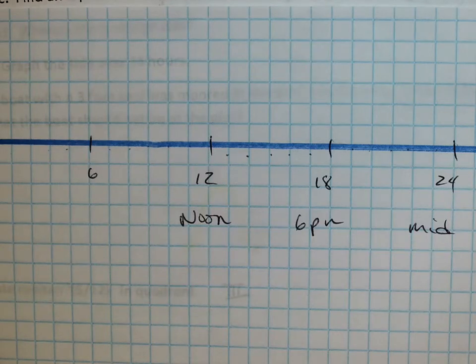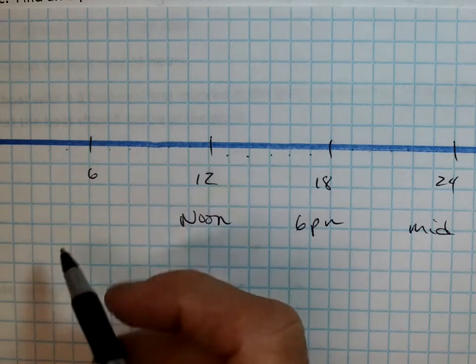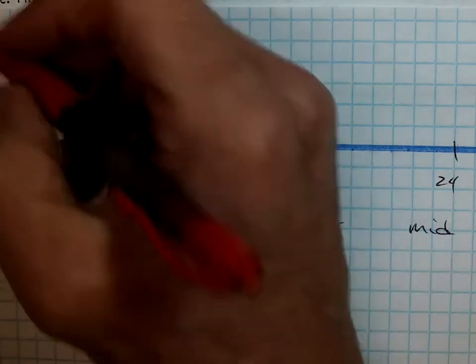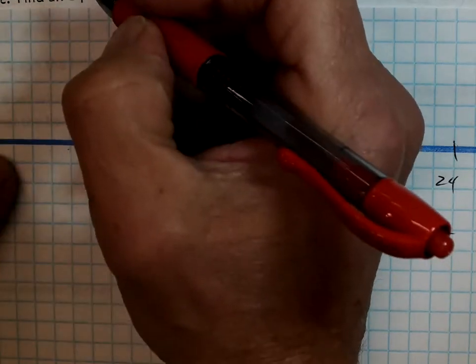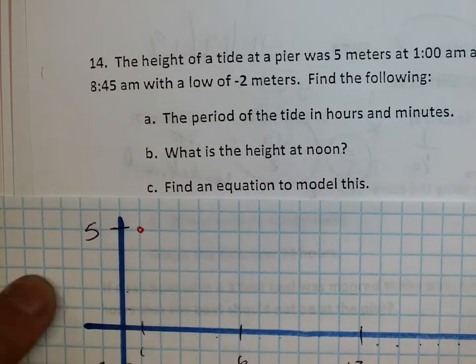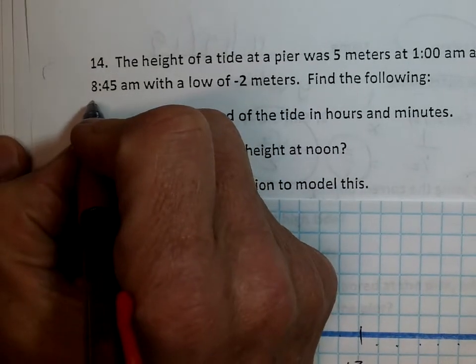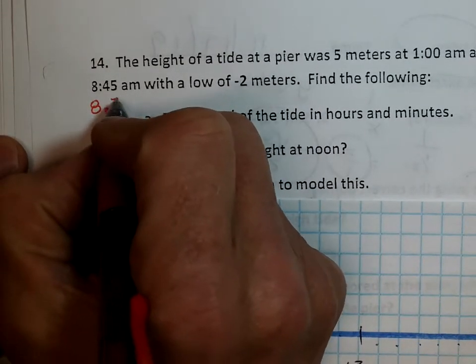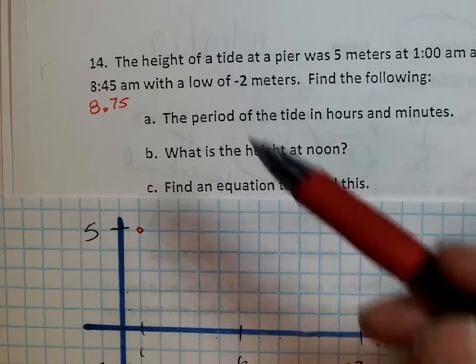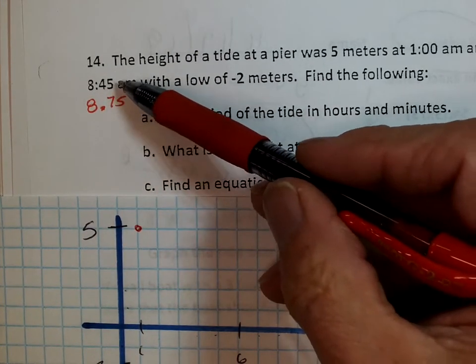And today I'm going to change these numbers into decimals right off the bat, because it's so much easier. So we got a height at 1 o'clock of 5. So I'm going to put my first point here. Now this number is going to be 8.75 because 45 minutes is 3/4 of an hour, right?